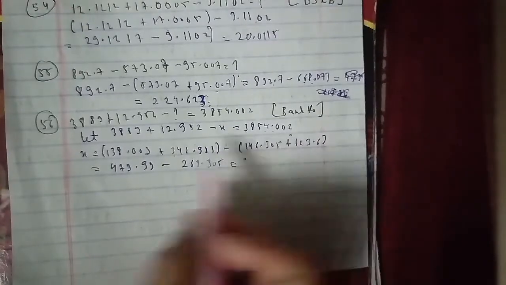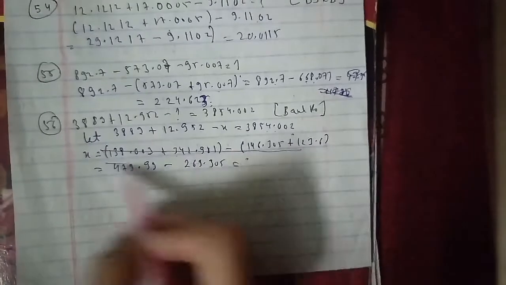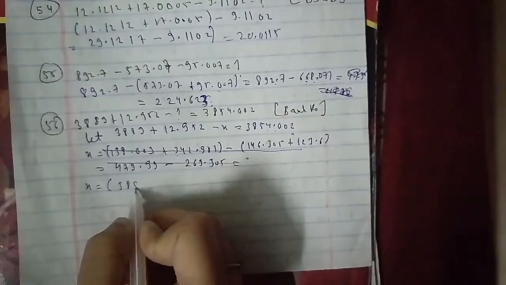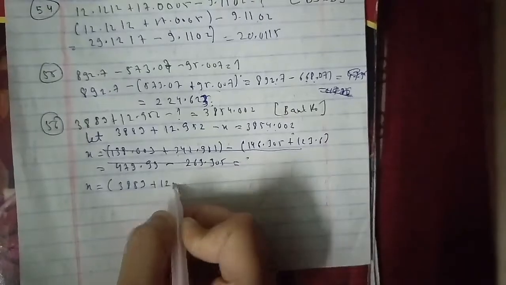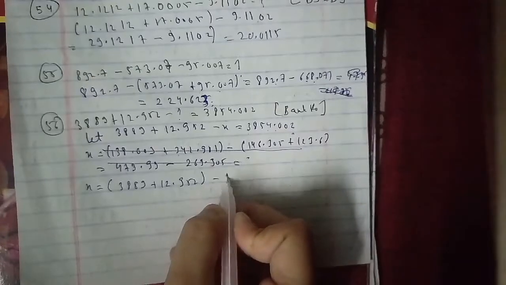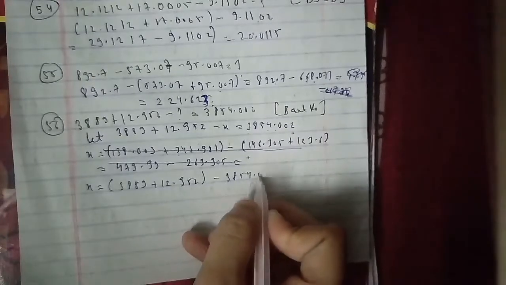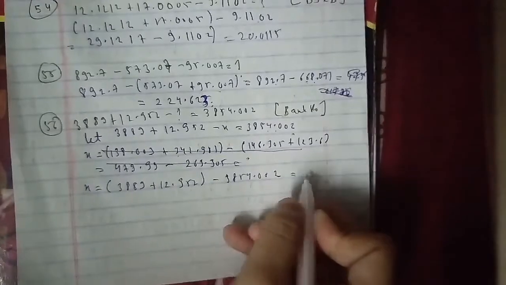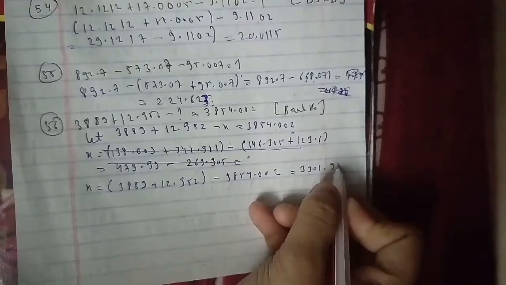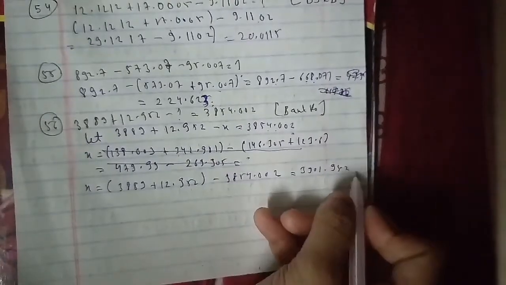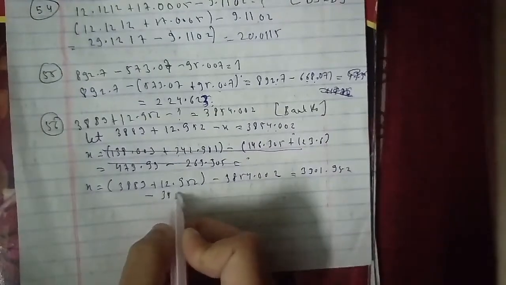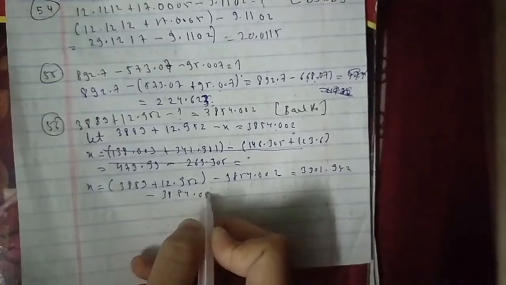Then x equals 3889 plus 12.952 minus 3854.002, which equals 3901.952 minus 3854.002.